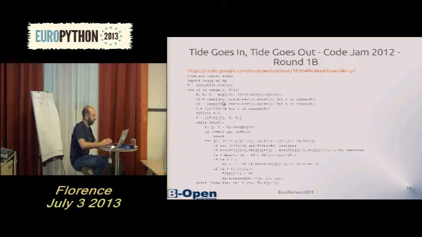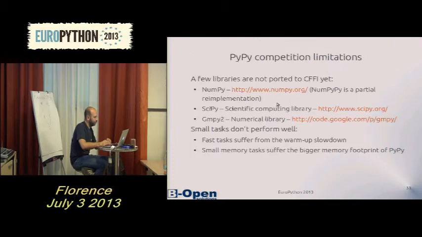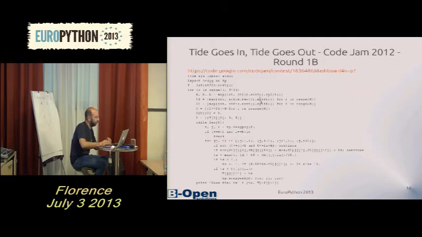Now, let's see the various steps. First, the input is this one. You just read the integers, then you read the two maps that describe the cave. They are just integers. Then you start with the distance in time from every point in the cave.